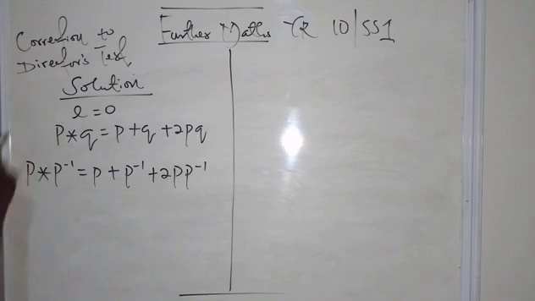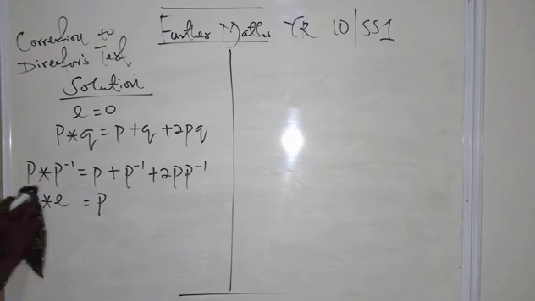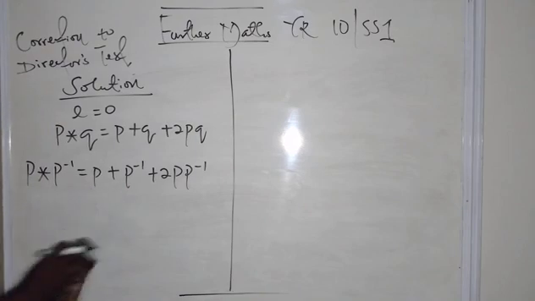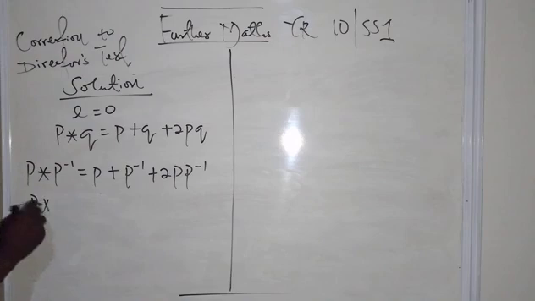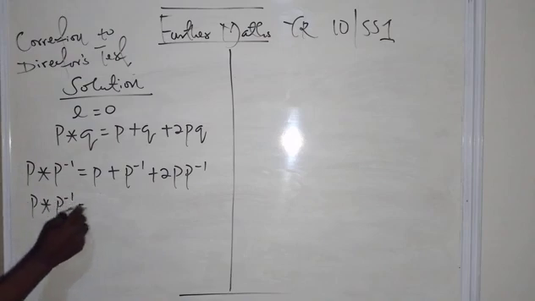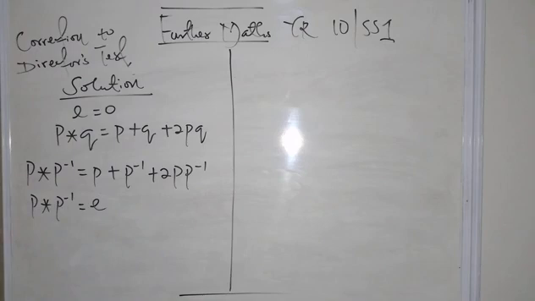If the identity element is 0, it means that P star E must be P, and at the same time P star P inverse must give us the identity element. So that is the definition of identity element.